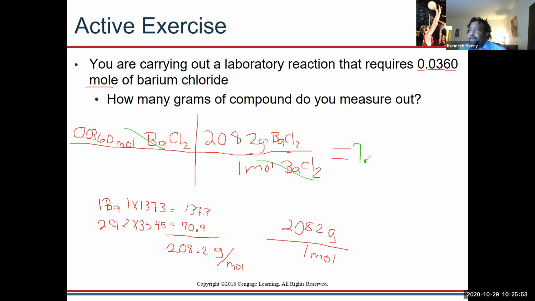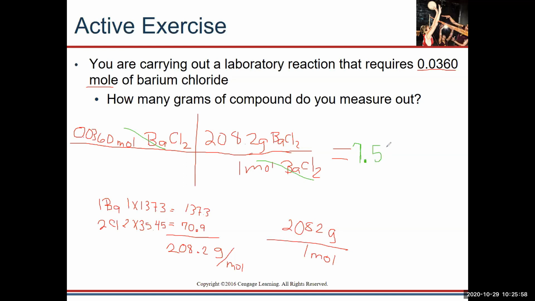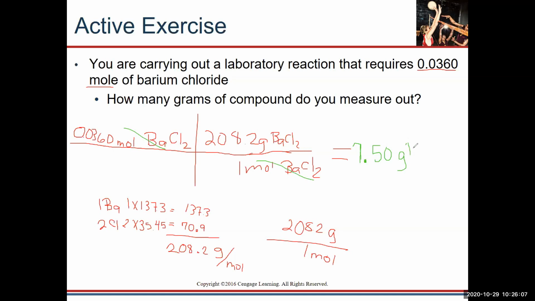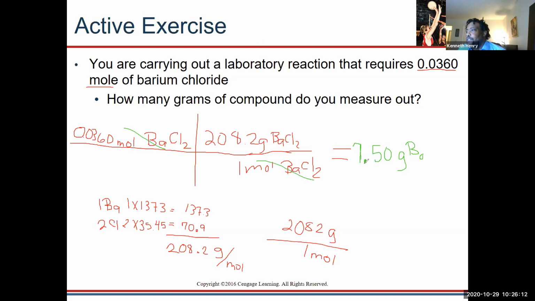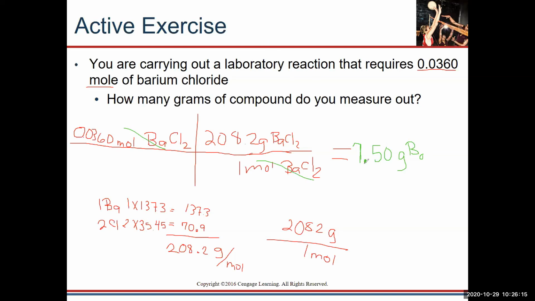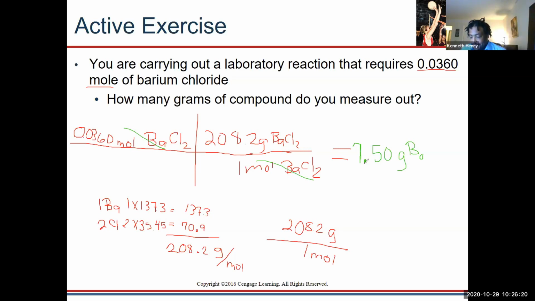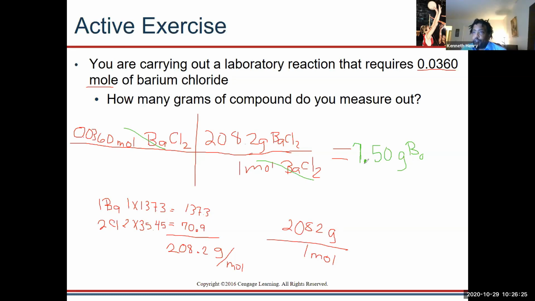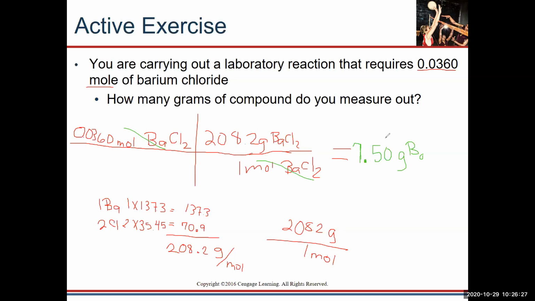How many sig figs should I have? 3. That's right, 1, 2, 3. 7.495. Is there anything after it? 7.4952. So then we would round up, right? Yes.